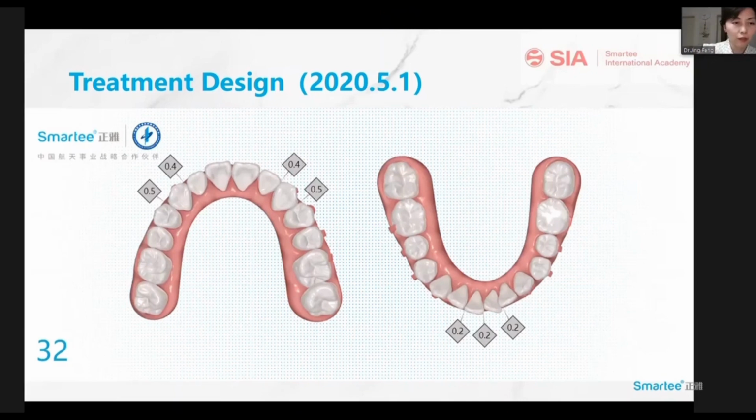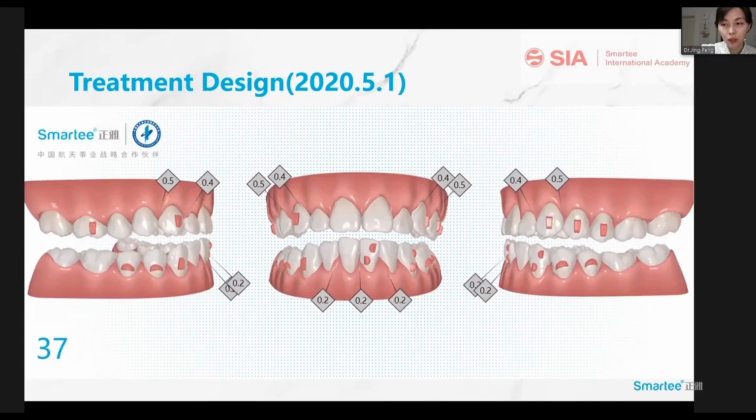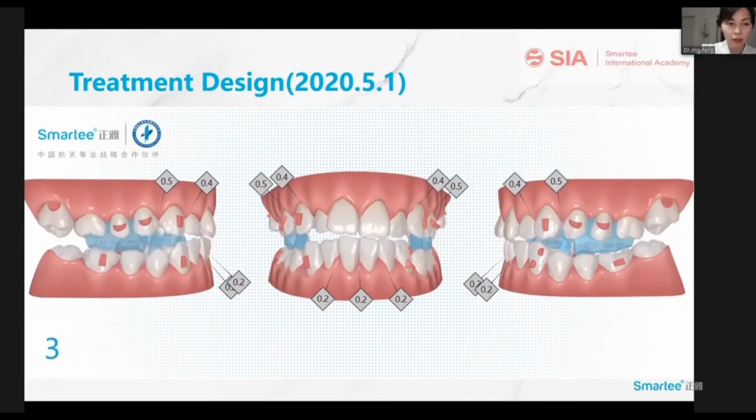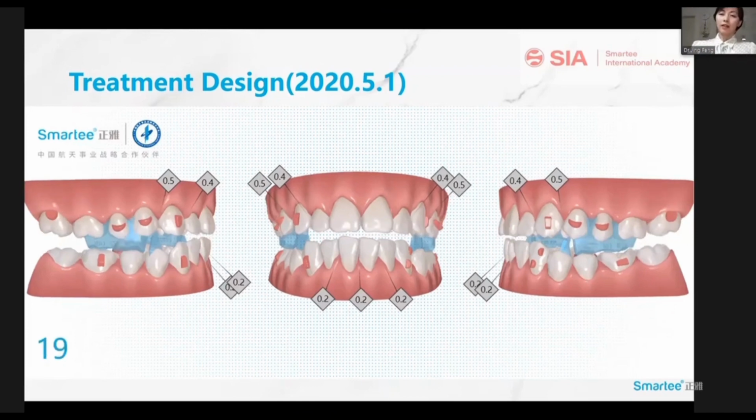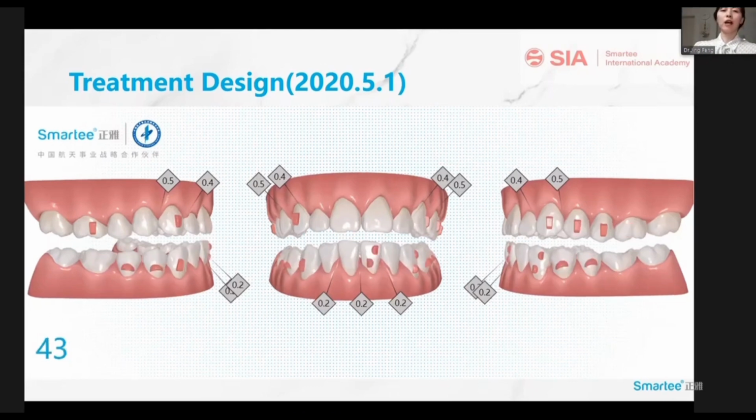From this view, the same. Expanding, distalization of the lower molar, and scissor bite corrected. And the mandible was positioned forward at the same time. So it will provide you high efficiency.